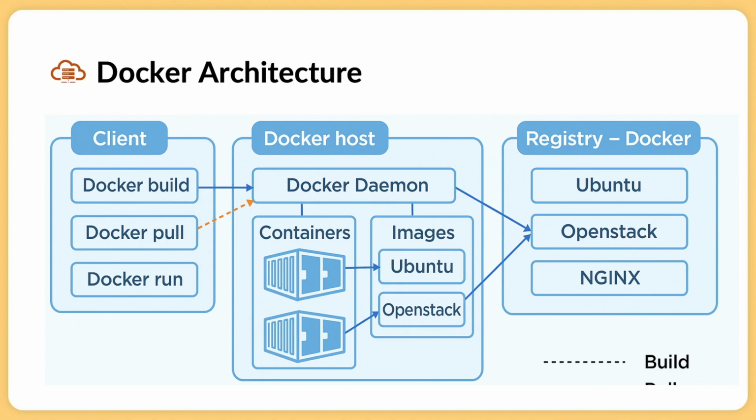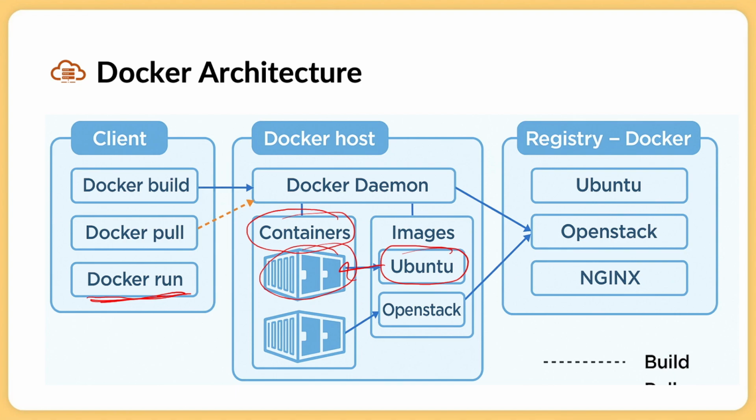Now the next major task of this Docker daemon is running the container. Docker daemon creates the container and manages the containers. When we run the command docker run and pass the image, using the image it goes ahead and creates our containers.